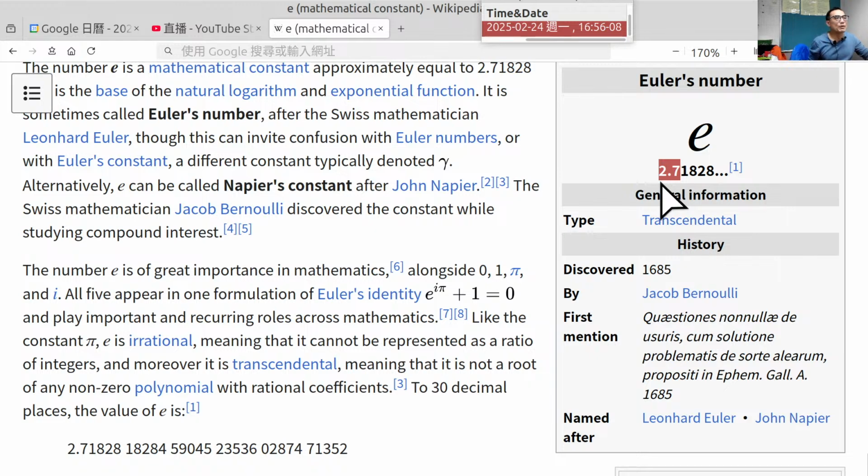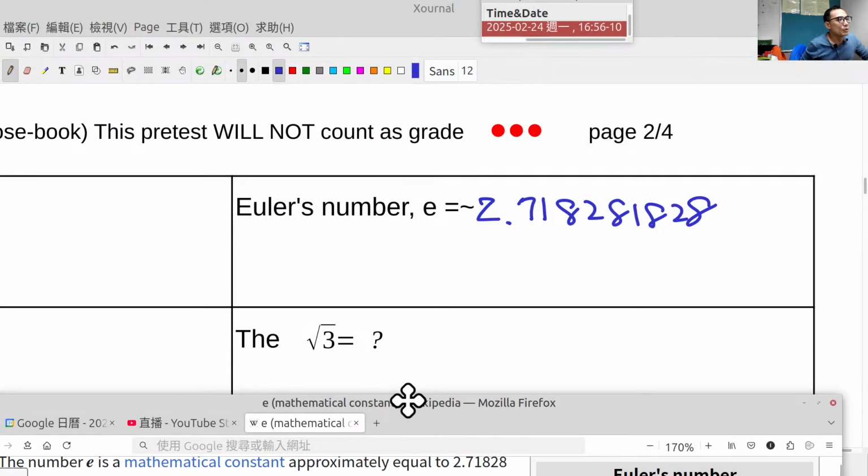It's up to you. When I was a high school student, we memorized 2.718281828. You have no choice. You must memorize this number. So about this part, I try to know how many digits you already memorized.